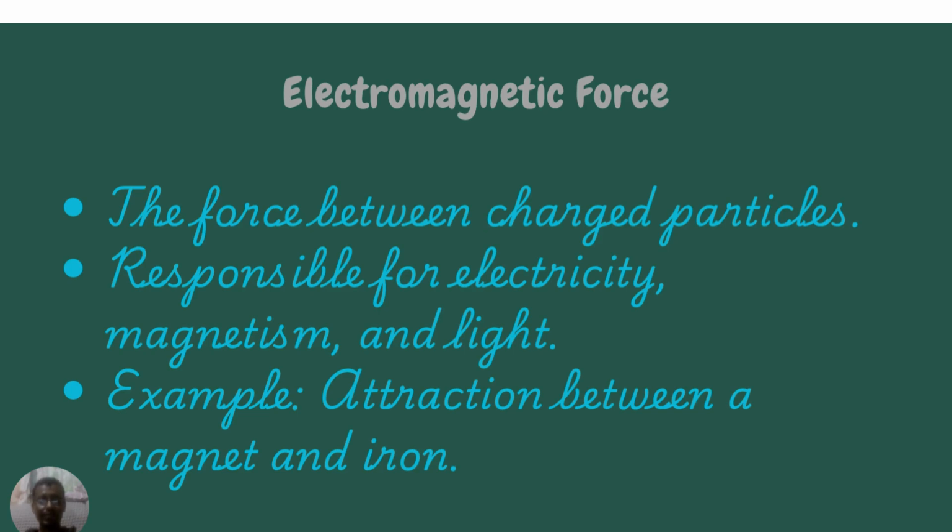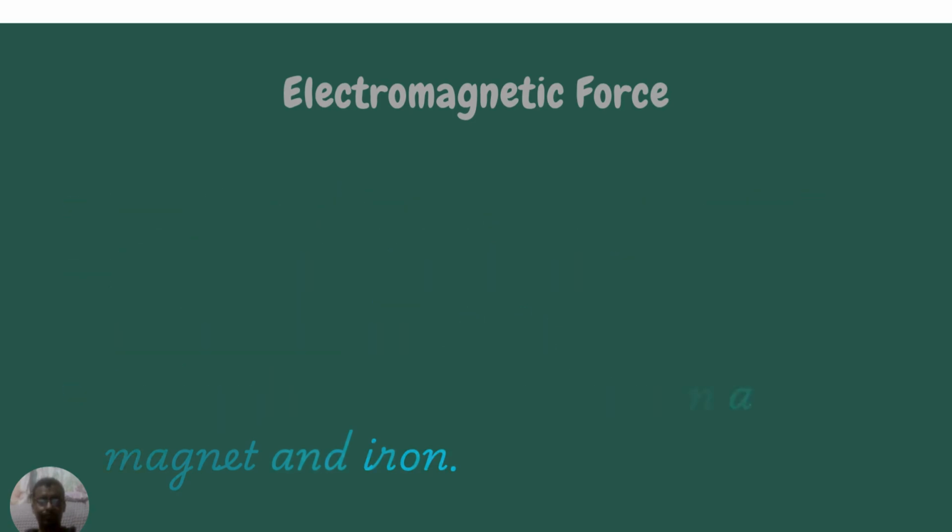So the attraction between a magnet and iron is a magnetic force. Another example: the force between a positive charge and a negative charge is an electrostatic force, which is also an attraction force, and it is also called electromagnetic force.